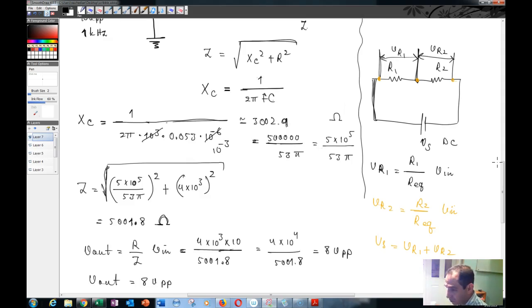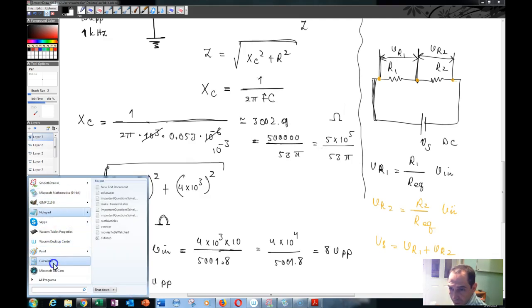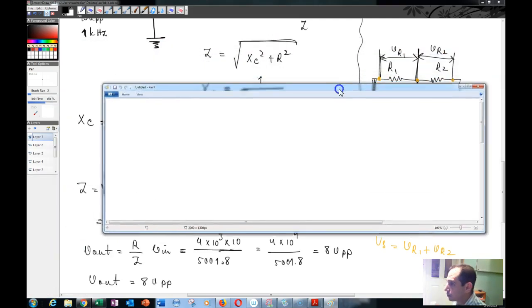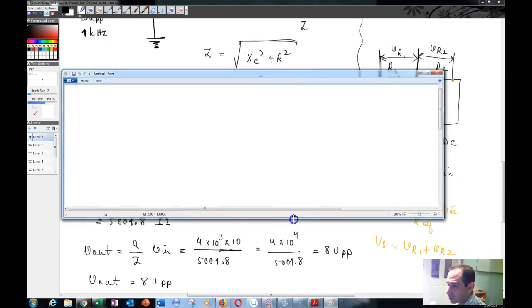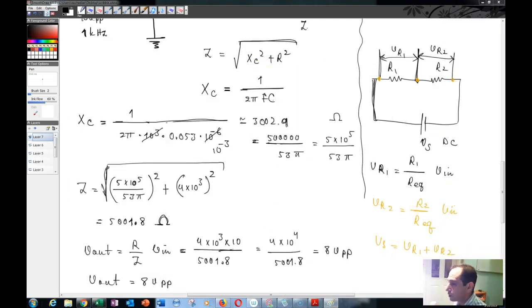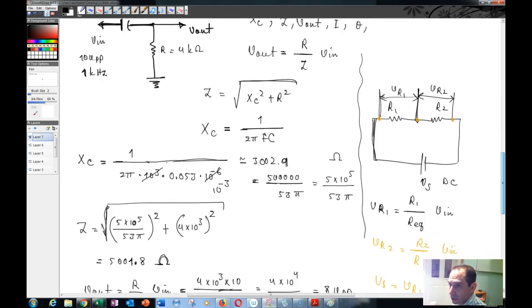But still, on a computer you can do the same thing, for example, have a paint sheet over here and keep track of things, because things will get messy.